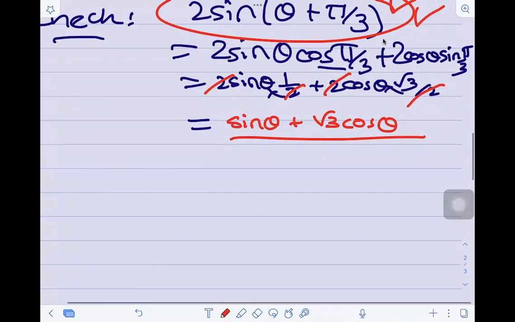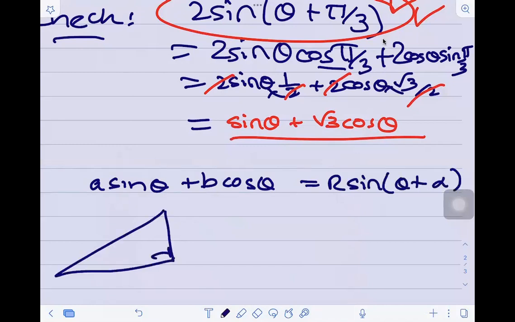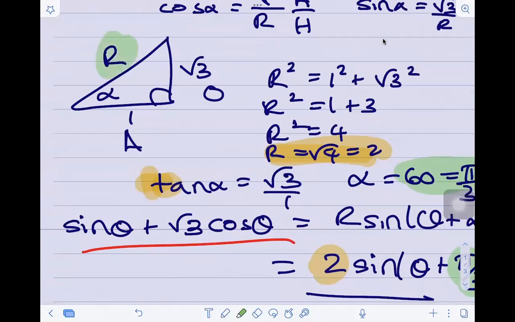So instead of doing the whole long way, when you have something in the form of a sine theta plus b cos theta, and you want it in the form of r sine theta plus alpha, what you would notice is that the alpha will fit into the triangle. The r, you noticed it was the hypotenuse, there it is there. The alpha fits in the triangle. That was root 3 there and 1 there.